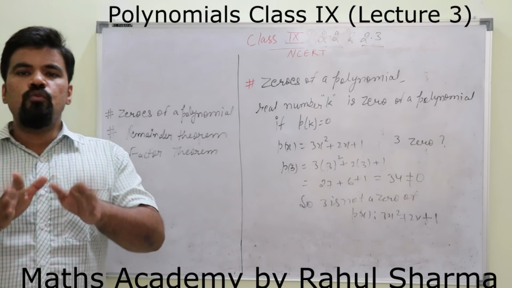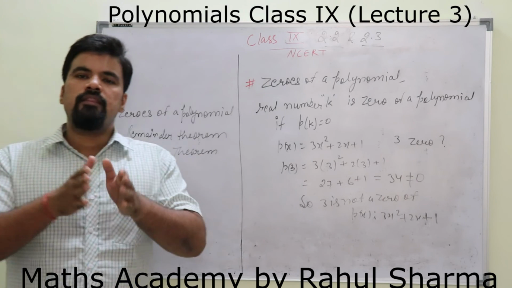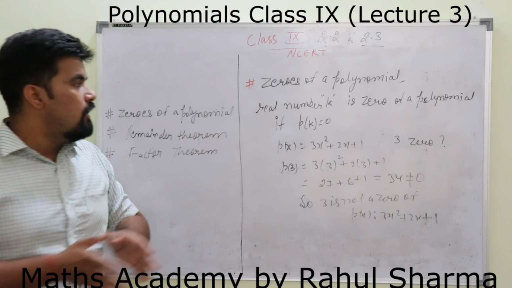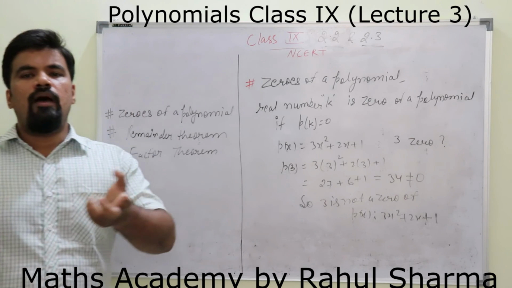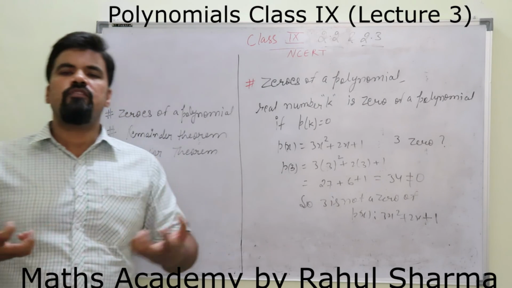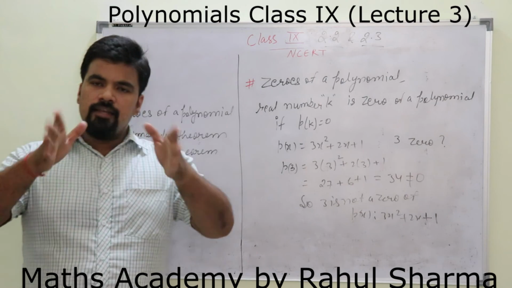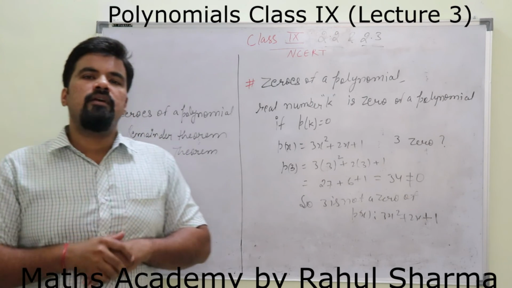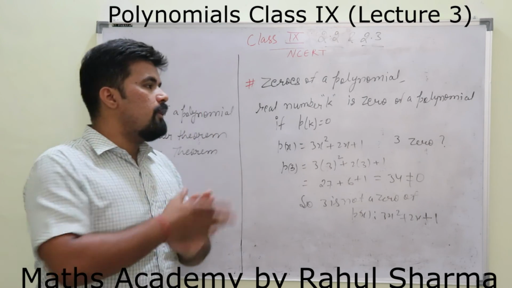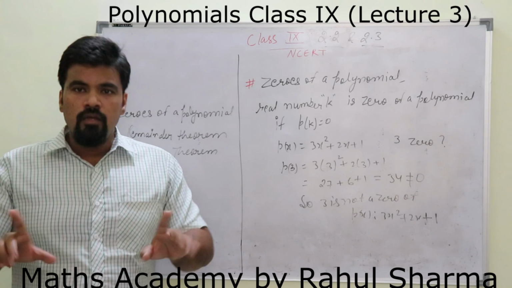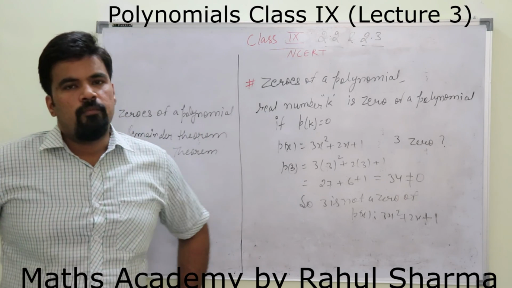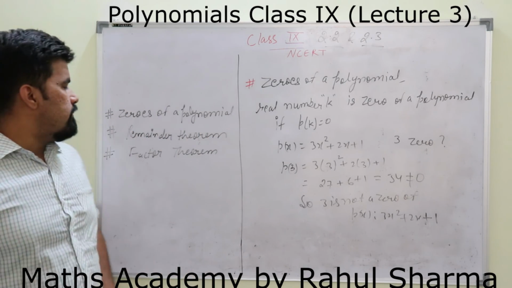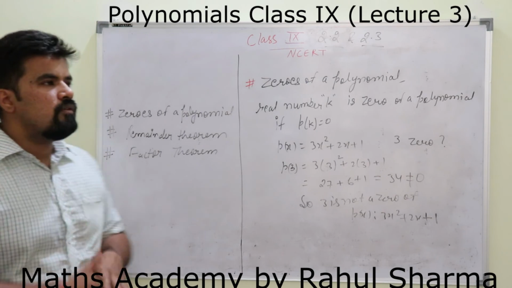To check that value, you only have to put that value in place of x in the polynomial, do the squares, plus and minus, and if it becomes 0, then you will clearly say that yes, this real number is a zero of the given polynomial, and if the value is not 0, then you will clearly say that this real number is not a zero of the given polynomial, right? Please revise this so that we can move towards the other concept, right?